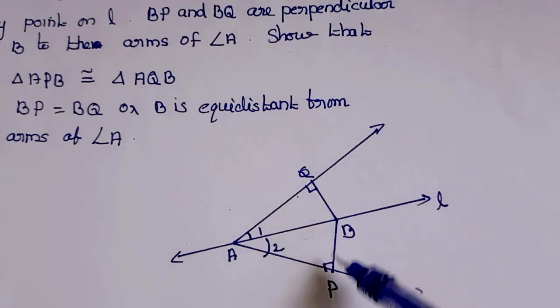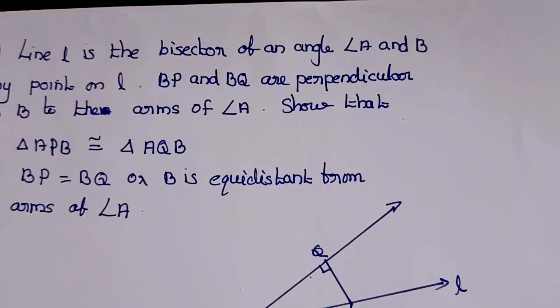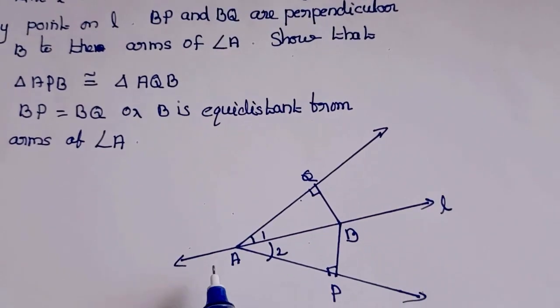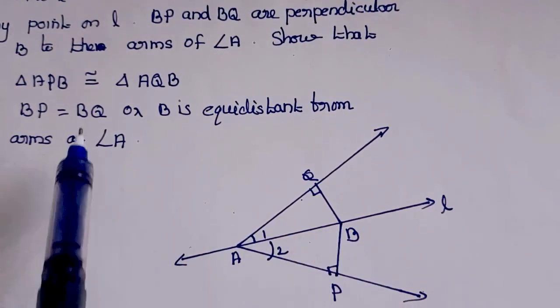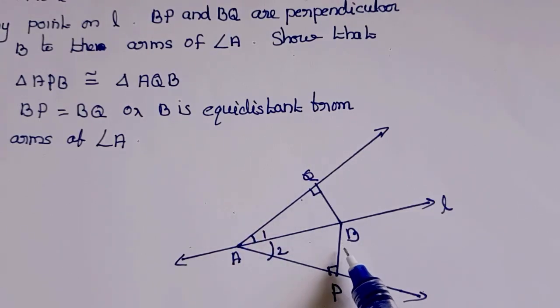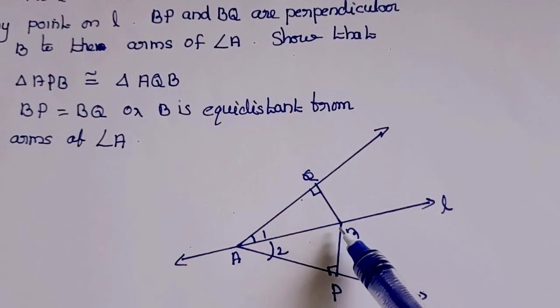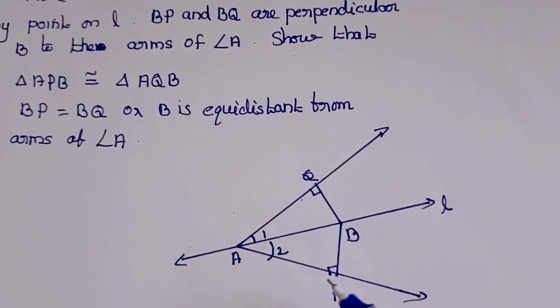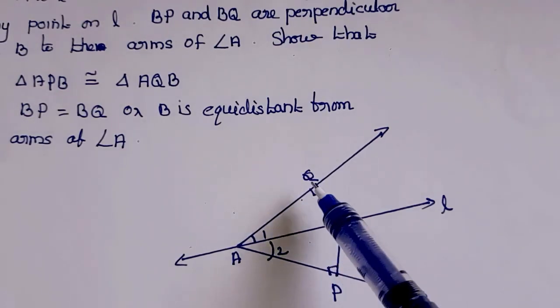That's given. Show that triangle APB is congruent to triangle AQB, and BP equal to BQ, or B is equidistant from the arms of angle A. That's to prove.